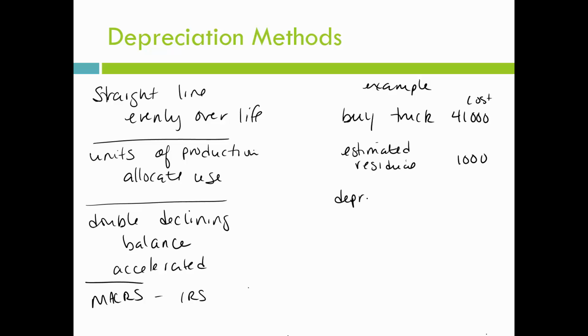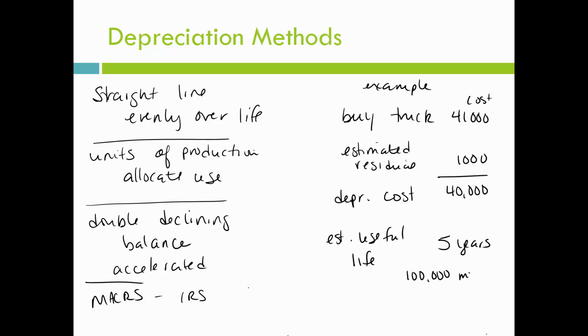So the depreciable cost is $40,000, and the estimated useful life is 5 years or 100,000 miles. So I'm going to show you all three methods using this exact same example right here. So kind of remember those numbers.